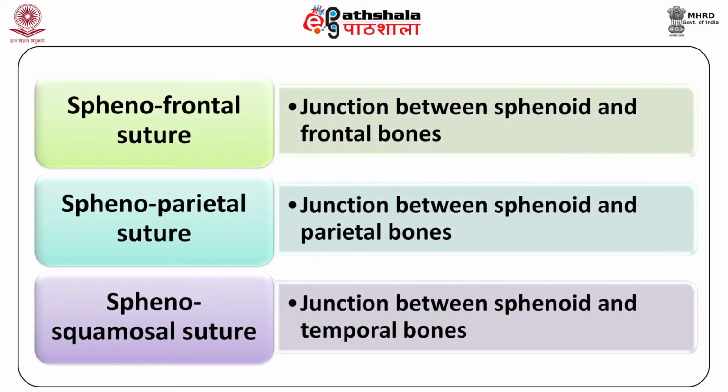Then the sphenofrontal suture, junction between the sphenoid and frontal bones. Then there is the sphenoparietal suture, that is the junction between the sphenoid and parietal bones. Then the sphenosquamosal suture, junction between the sphenoid and the squamous part of the temporal bone.